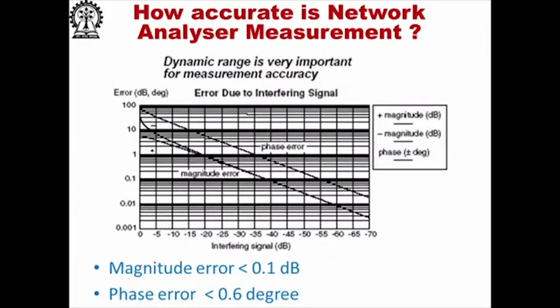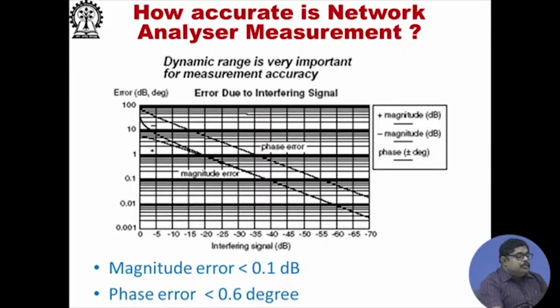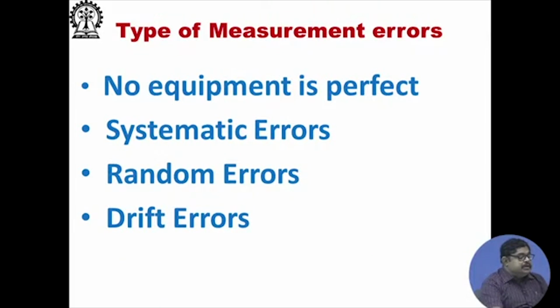Noise has a mean of 0. So the more measurements you average, the more your SNR will improve. The network analyzer magnitude error is typically less than 0.1 dB, and phase error is less than 0.6 degree.